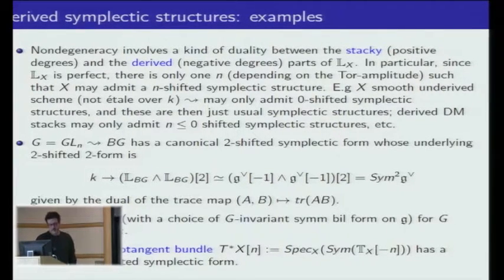And one other thing I would like to give: first, there is an easy example, for G equal to GL_n, of the case when the stack BGL_n has a canonical two-shifted symplectic structure. This is given by the formula that I wrote there. You just take the map that goes from a pair of matrices to the trace of the product. This is GL_n invariant and non-degenerate, and if you unravel the definition, it gives you exactly the underlying two-form of something that you have to prove is closed. But this can be done.